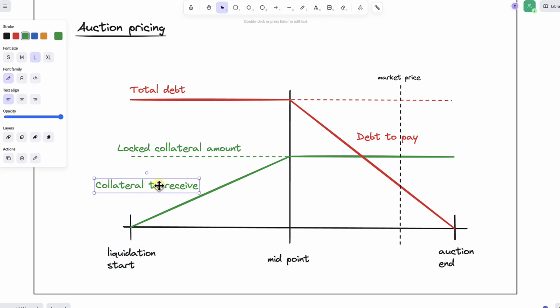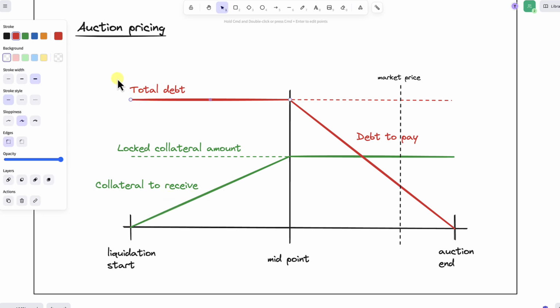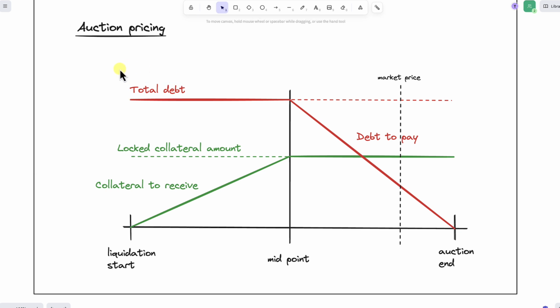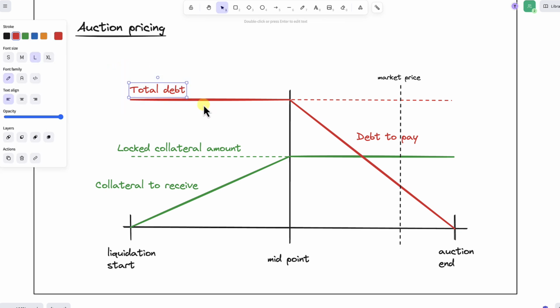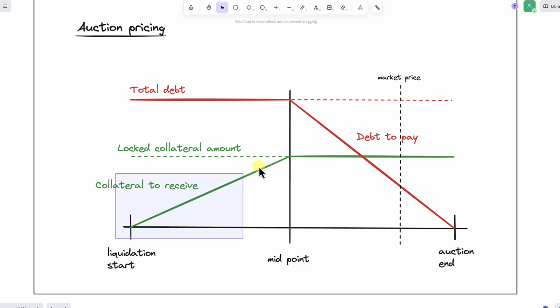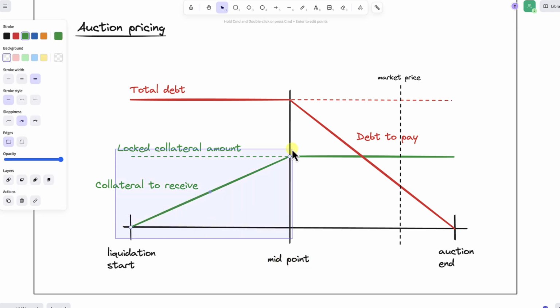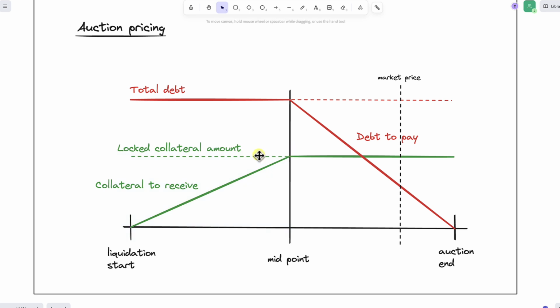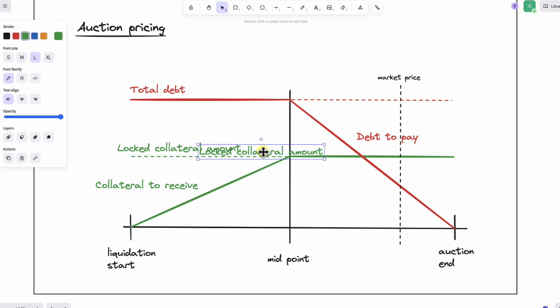When it starts, the bidder will receive 0 collateral and will have to pay all of the debt. Over time, up to the midpoint, the amount of collateral that the bidder will receive rises to 100%.